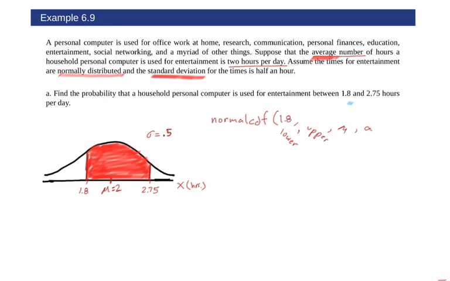So 1.8 is our lower, 2.75 is our upper, our mean is 2, and our standard deviation is 0.5. And we're just going to plug that into the calculator. We don't even have to convert it to z-scores to look up in our table. Our calculator will just work with whatever values we have in this case here. That's going to give us 0.5886 in this case.